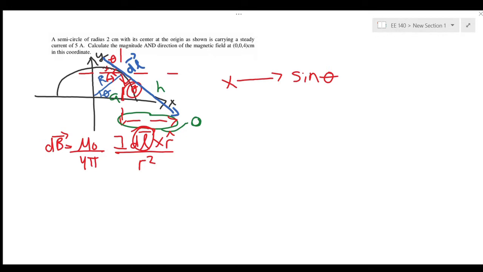Sine is opposite over hypotenuse, and that's going in the x direction, so we get sine theta. And then y would be negative cosine theta, because same, this side is in the negative y direction, and it's adjacent over hypotenuse, so cosine theta, and then z is just 0, because we're only looking at the xy plane, so there's no z.